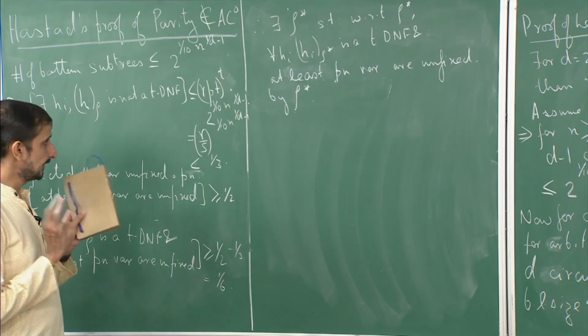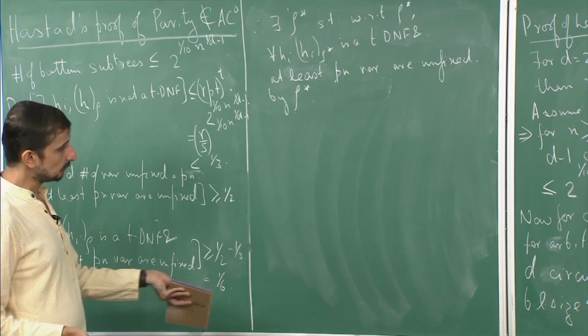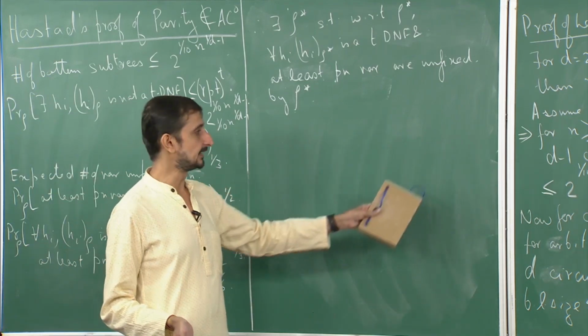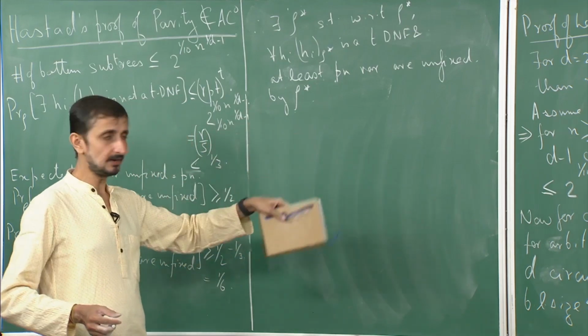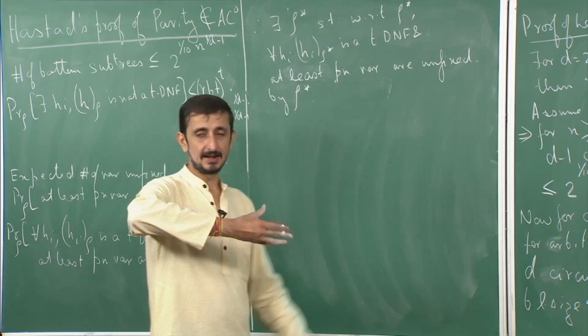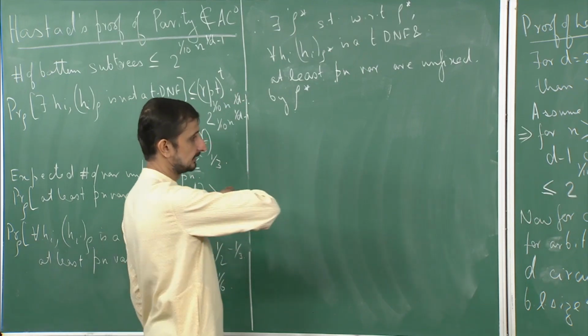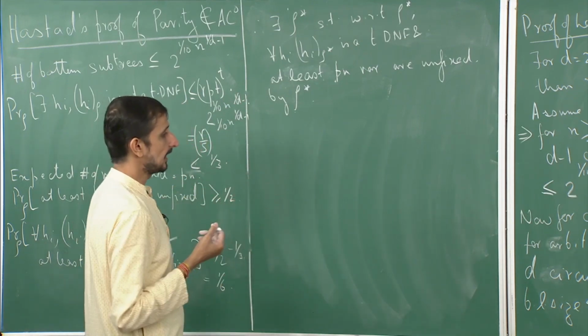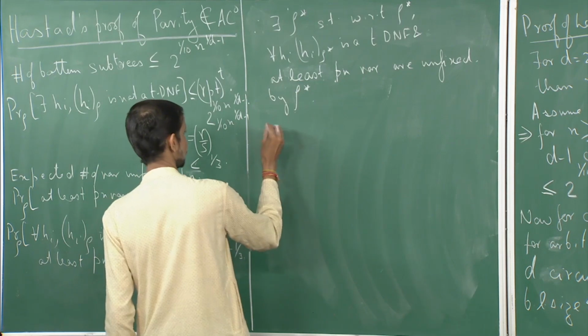So now we have a rho star that we want, and we will just do what I said at the beginning. I take this particular rho star and the circuit C, and I use the switching lemma and flip these two layers. Okay.